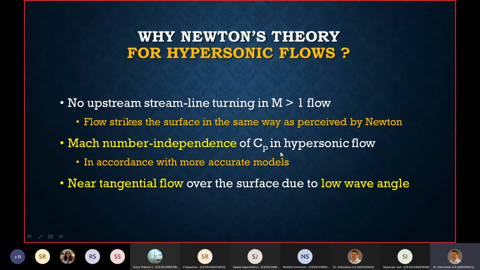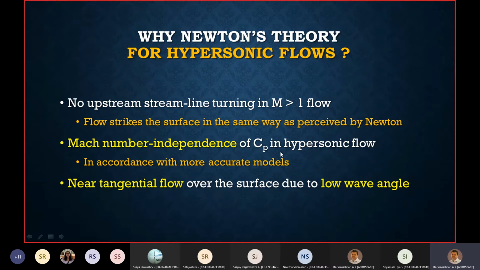First is, there is no upstream streamline curvature. That is not specific to hypersonic flows. Even for supersonic flows, as long as we are talking about a pointed surface like this, the flow turning happens after the flow hits the surface. There is no streamline turning a priori, unlike in the case of subsonic flows.